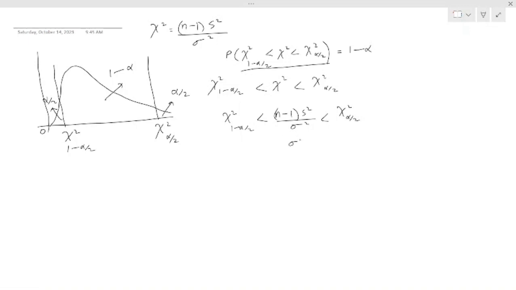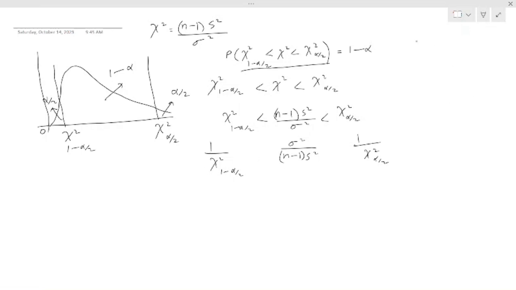So sigma square divided by n minus 1 times s square, this will also be moved to the denominator, and this will also be moved to the denominator. So we have made the adjustment in every part of the inequality.